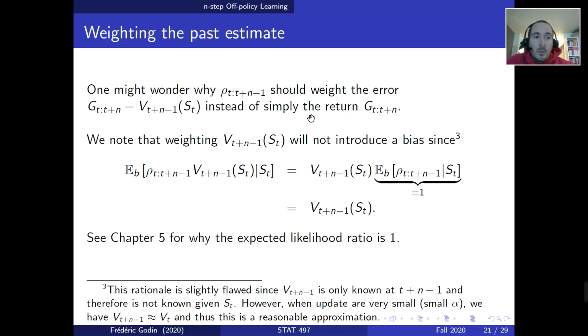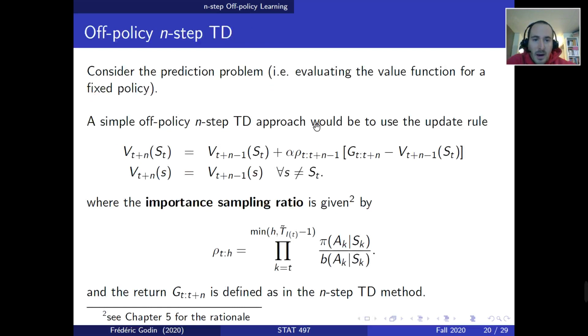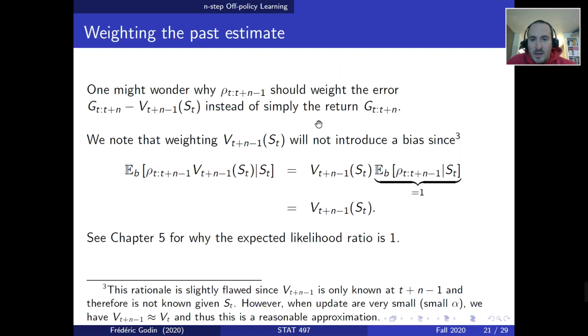First, let's go back one slide. We show that multiplying the current estimate by rho, instead of only the target, we're not introducing bias in our algorithm. So why is that the case? When we weight the current estimate by the importance sampling ratio, we have the following.